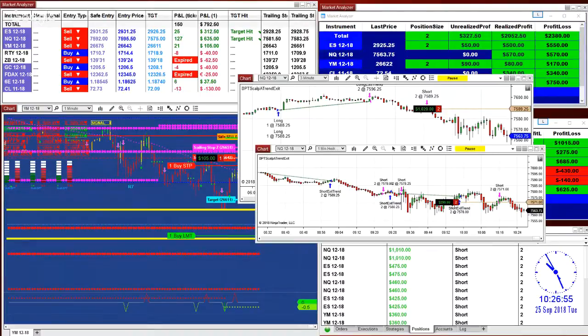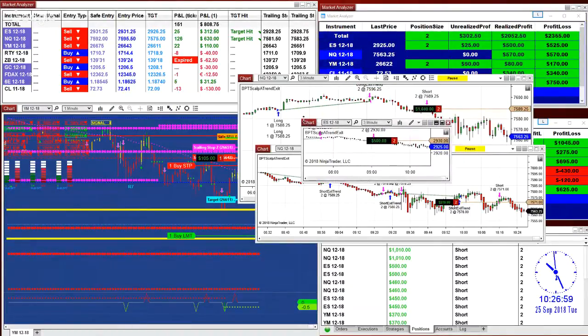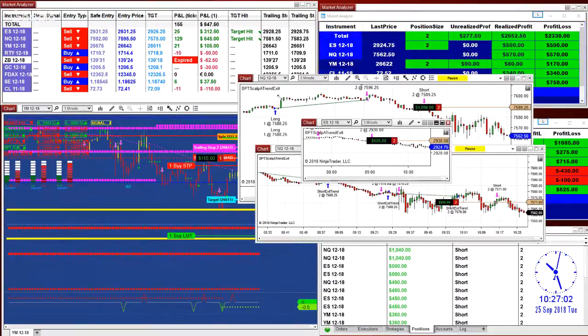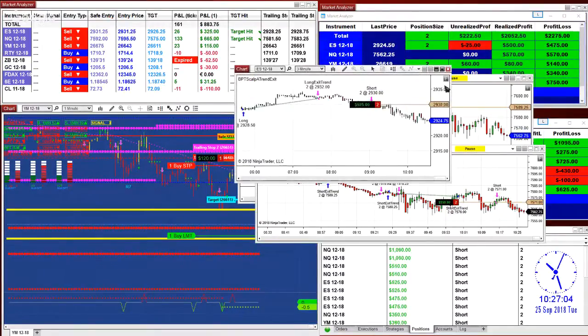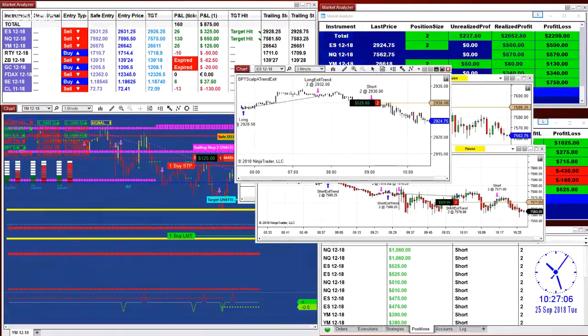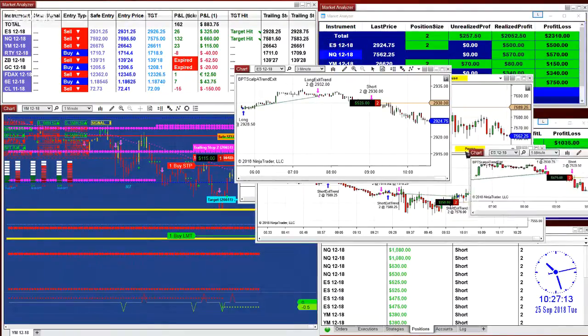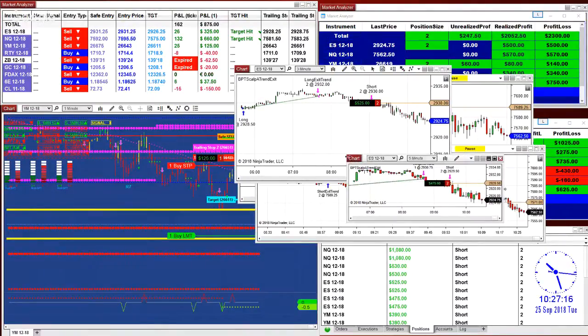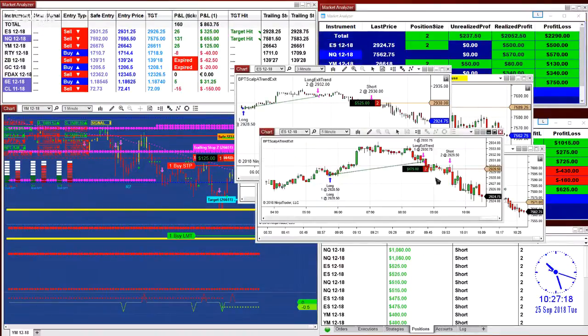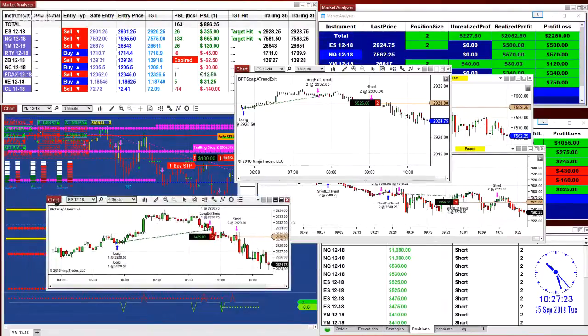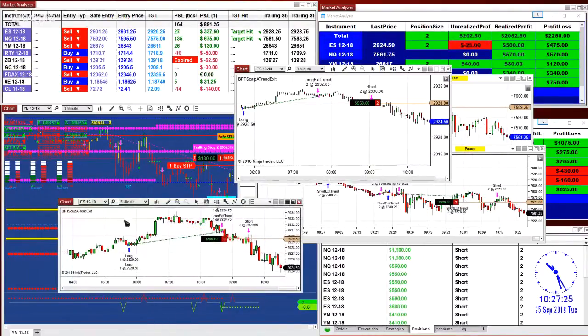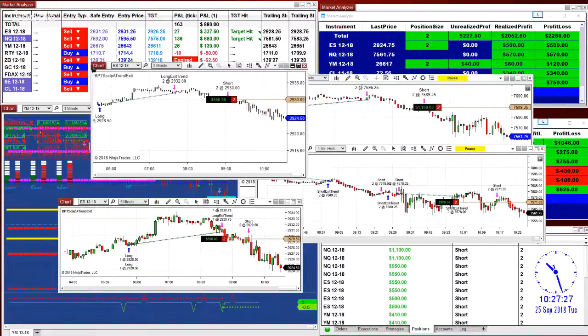On the ES, we have the 3 minutes still in the short, and also the 5 minutes still in the short. So on that trade, there is 475. This is a 5 minutes and this is a 3 minutes.